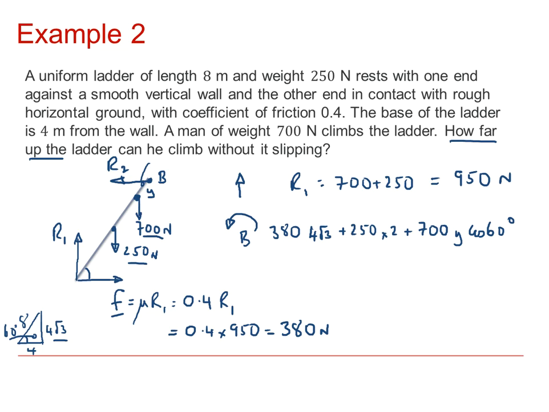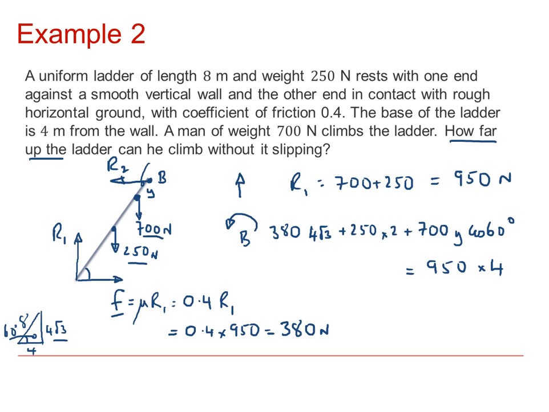So those are the anti-clockwise moments. The clockwise moment is provided by just R1, which we know is 950, and its distance from B is equal to 4. So we get 950 multiplied by 4.